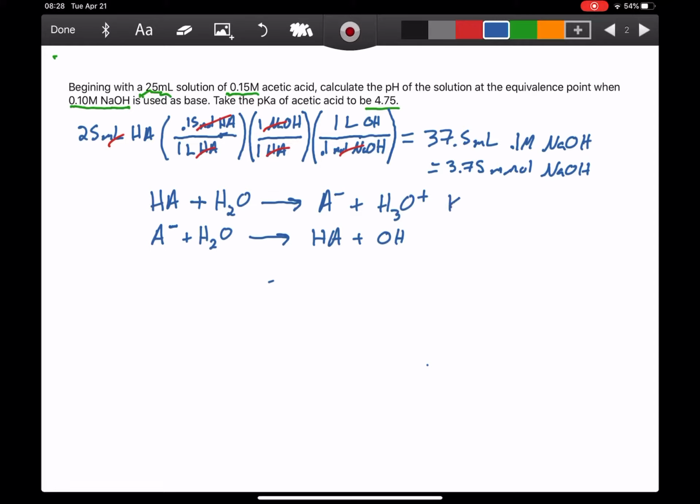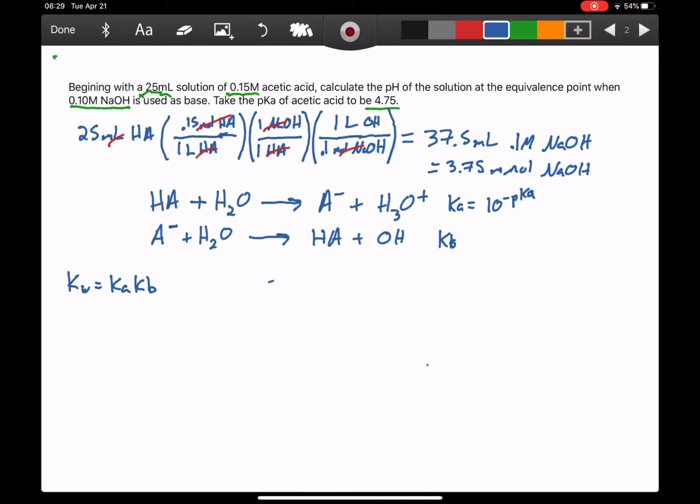So if this is Ka, it represents the equilibrium constant for the first reaction, which Ka is 10 to the opposite of pKa. Then the second reaction is going to be represented by Kb. So we can solve for Kb if we have Ka. So something you should have learned in your chemistry class is that Kb and Ka multiplied by each other are equal to Kw. And Kw is a constant.